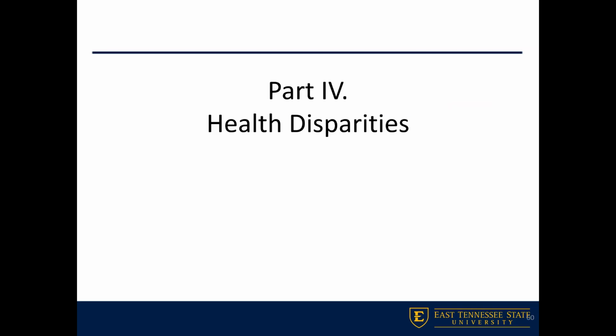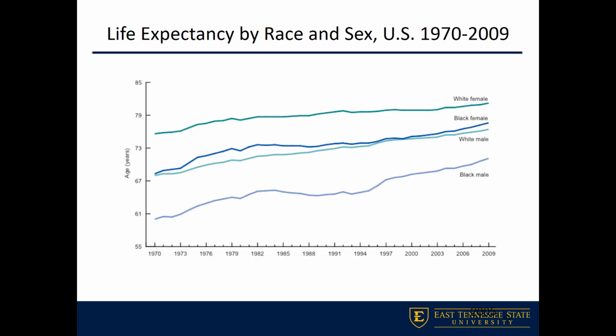Okay, finally is our section on health disparities. So as I mentioned, we now have a life expectancy of around 79 years of age for Americans.